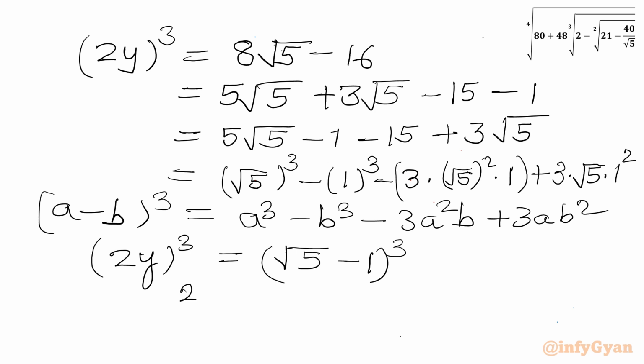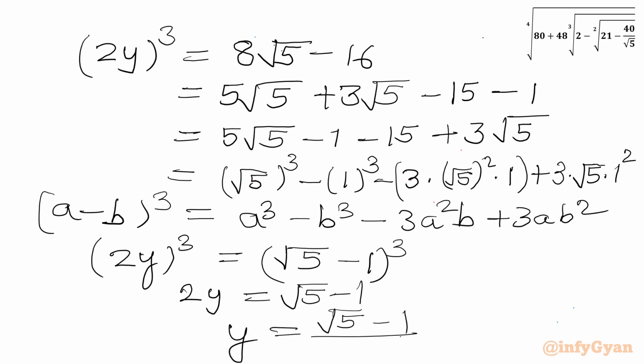Consider the cube root both sides. 2y will become square root 5 minus 1. So y is finally (square root 5 minus 1) over 2.